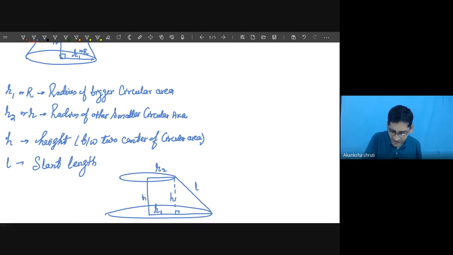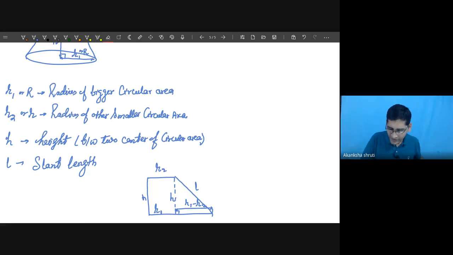whatever the height. But while considering this H, the new length on the base will be this much. How much is this? R1 minus R2. So the triangle is now like this one. You can remove this part.